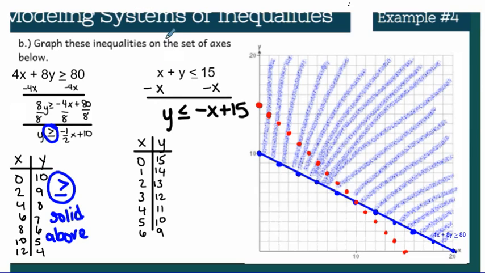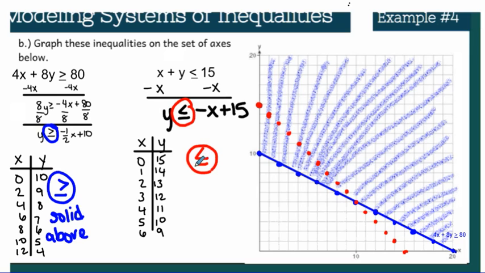The last step is to analyze our inequality symbol. For this inequality, we have a less than or equal to symbol. Ask yourself those two questions. Are we going to connect our dots with a solid or a dashed line? And are we shading above or below this line?